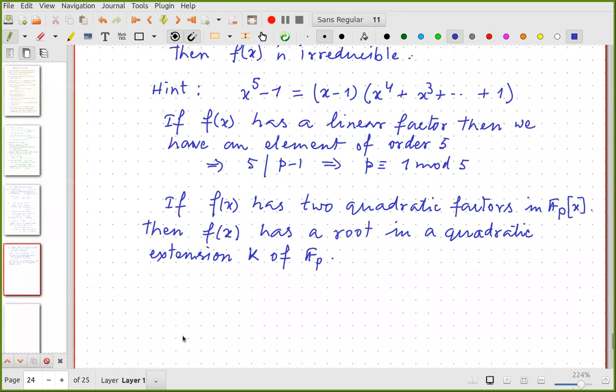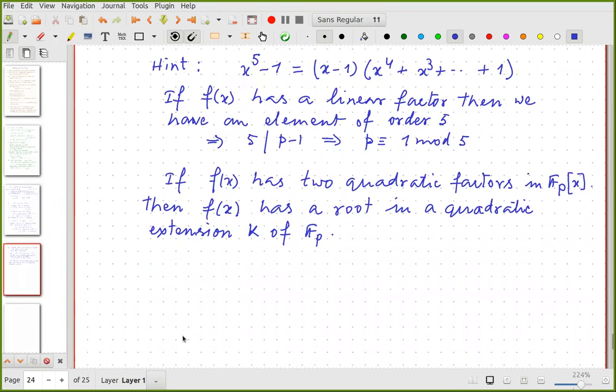So let me elaborate it a little bit. So what I'm saying is, if f(x) breaks into two irreducible polynomials, say, two quadratic polynomials which are irreducible. Let's call them a(x) and b(x).